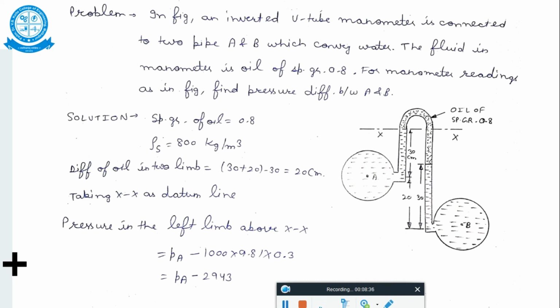So the pressure in the left limb above the datum line XX is PA minus rho 1 G H1. Rho 1 is the density of the liquid available at point A, multiplied by 9.81 constant, multiplied by 30 centimeters, so convert this centimeter into meter. So PA minus 2943. This will be equation number 1.